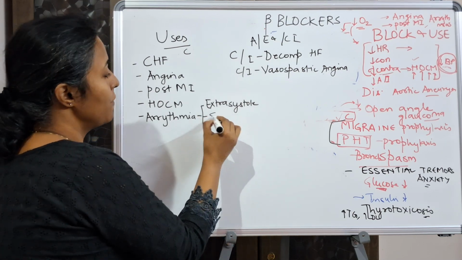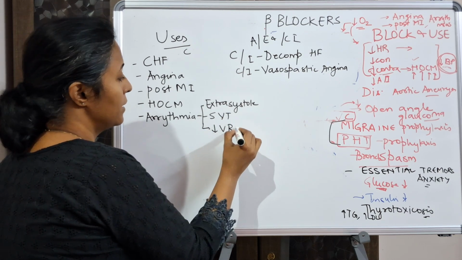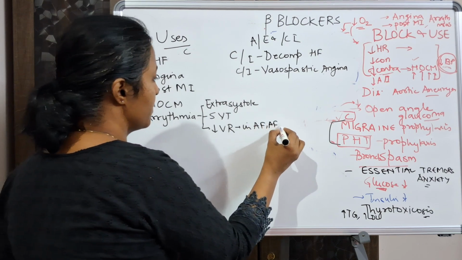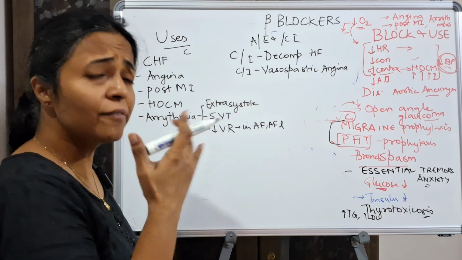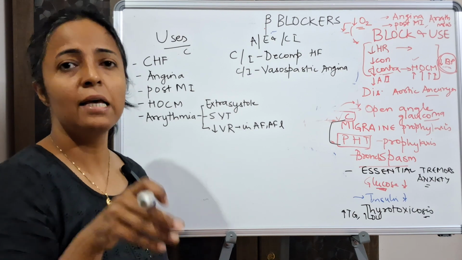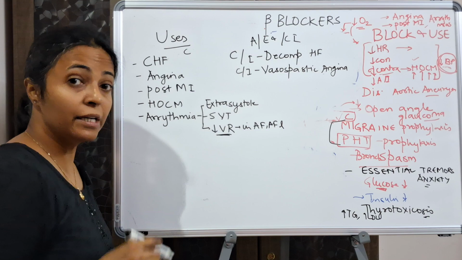Then supraventricular tachycardias, to decrease ventricular rate in atrial flutter and atrial fibrillation. Why? Because it decreases conductivity. So whatever impulses are being generated, the conduction of those impulses to the ventricle will be less. So it is used to decrease the ventricular rate.